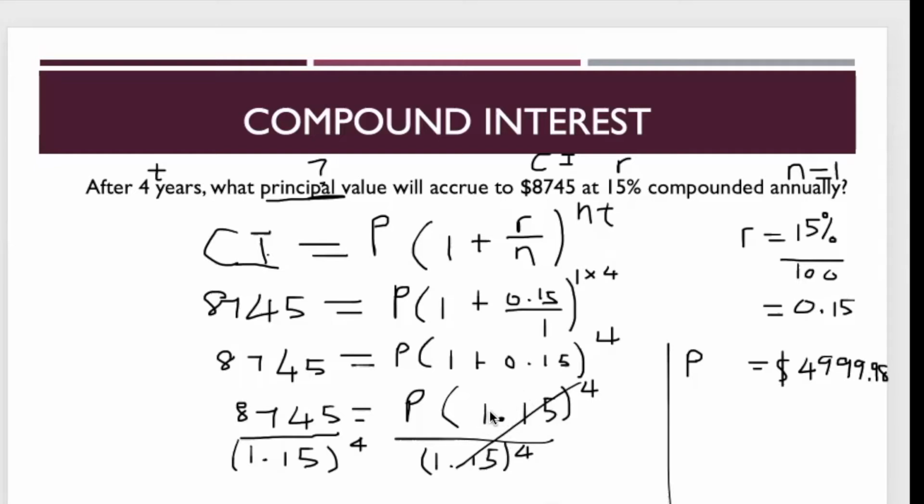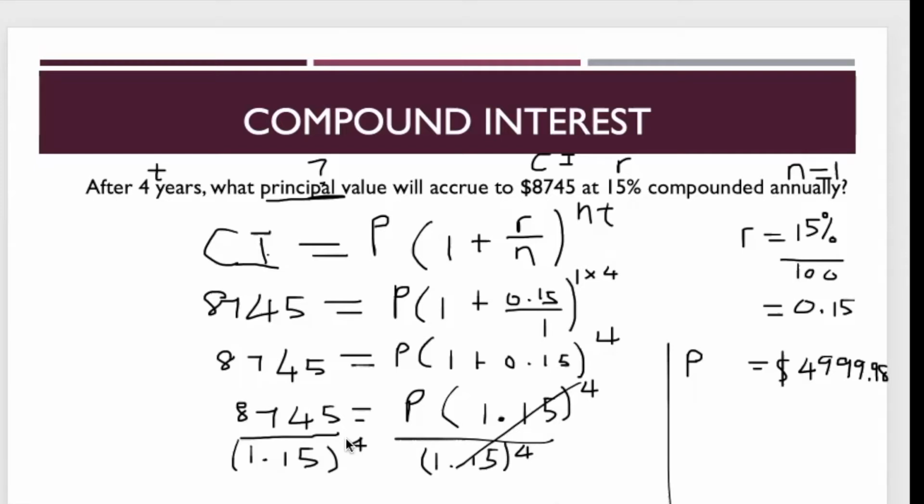So if you had entered the 1.15 raised to the 4, not saying it's incorrect, you will get a smaller number. So it means if persons have worked out the 1.15 raised to the 4, you would have, say for example, rounded it to 2 decimal places, so you'd have gotten 1.75. So I would divide both sides by 1.75.